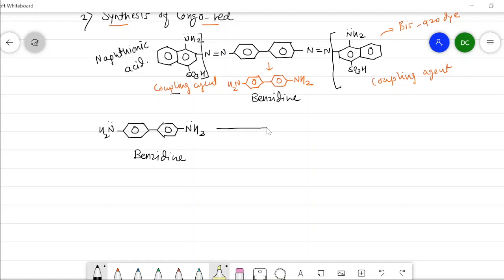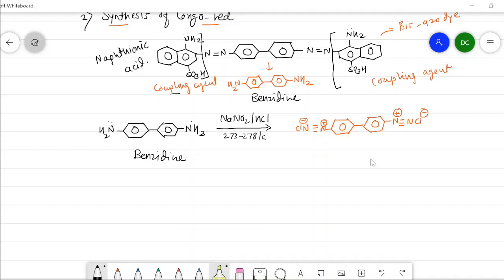And the reaction condition is simple, that is NaNO2, HCl, 273 to 278 Kelvin, nothing will happen. NH2 is going to convert into N2Cl. So we get a diazotized benzidine. Here we have to write the aromatic ring as it is. Then here I will write N triple bond N, Cl minus, nitrogen positive, N triple bond N, here a positive nitrogen, then a Cl minus.